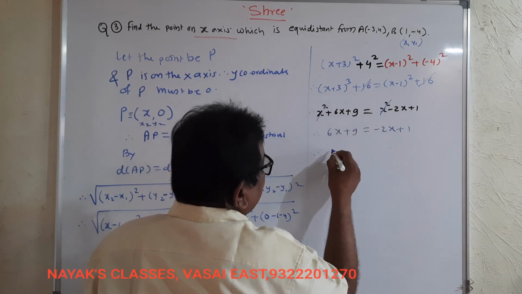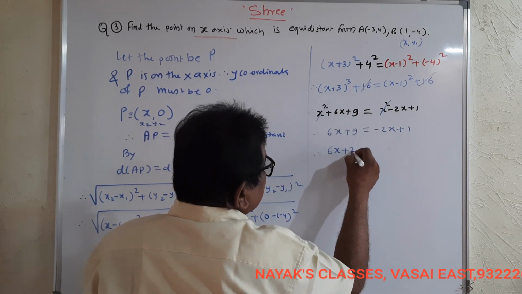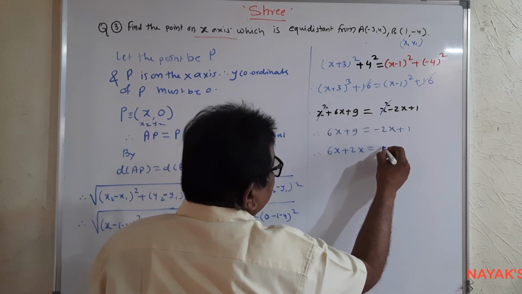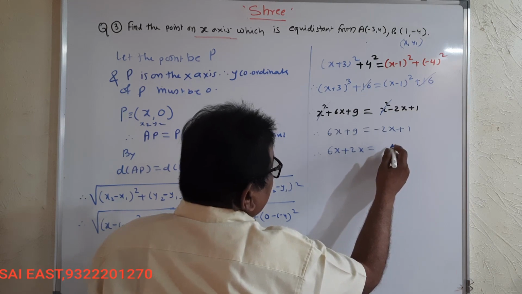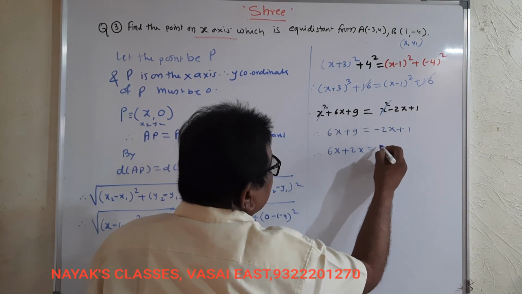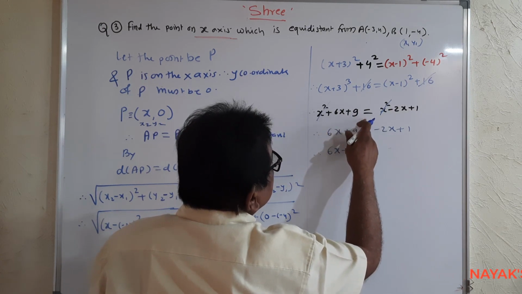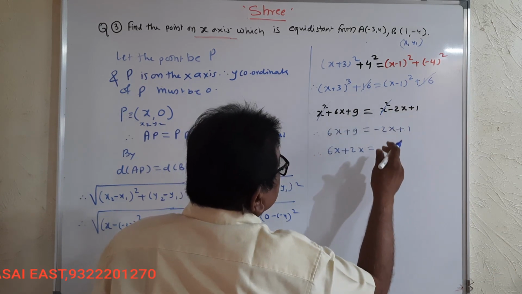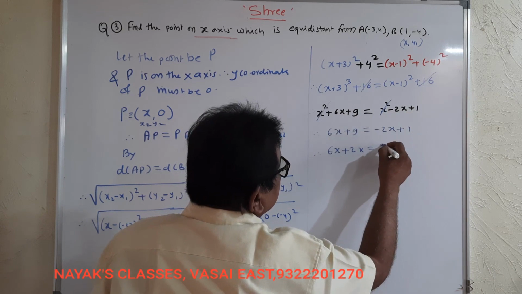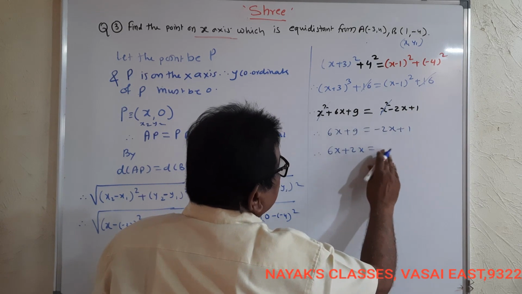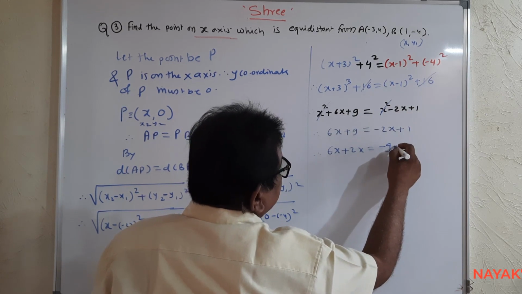Therefore, 6x plus 2x is equal to 1 minus 9.